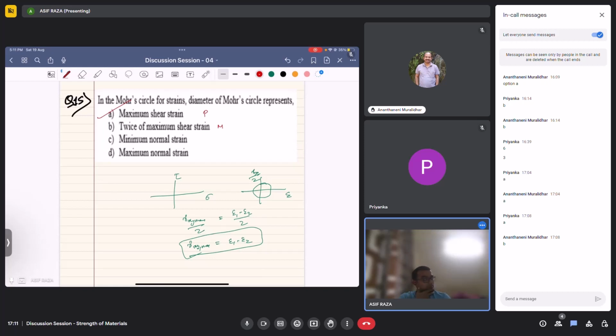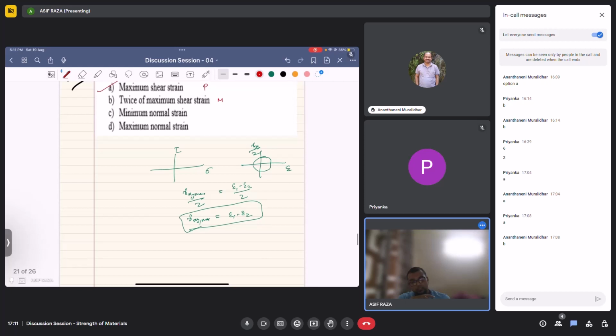So Priyanka is correct in this sense. In the stress case, normally tau xy max was sigma 1 minus sigma 2 by 2, and the diameter used to be sigma 1 minus sigma 2.